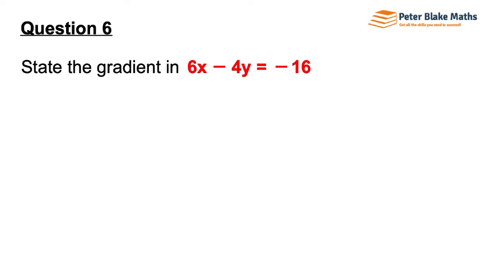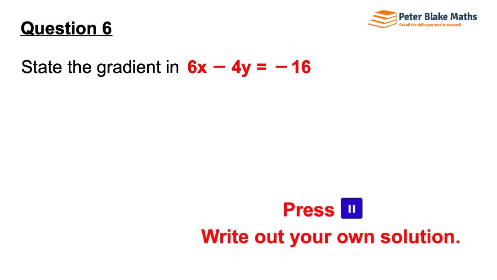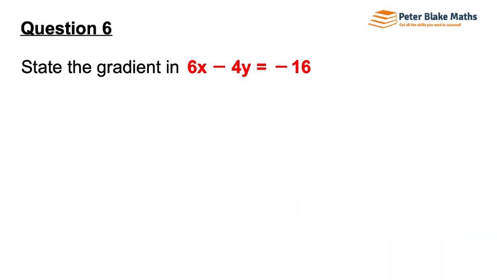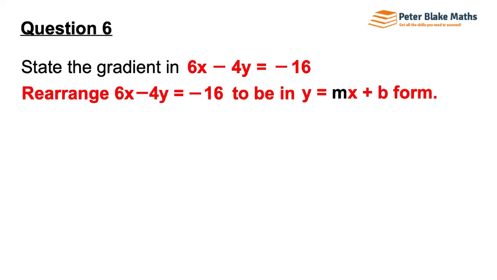Question 6. State the gradient in 6x minus 4y equals minus 16. Right, we need to rearrange 6x minus 4y equals minus 16 to be in the y equals mx plus b form.